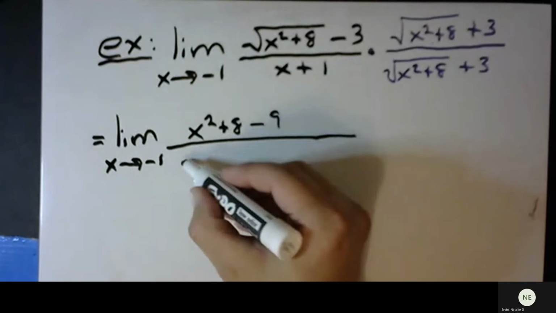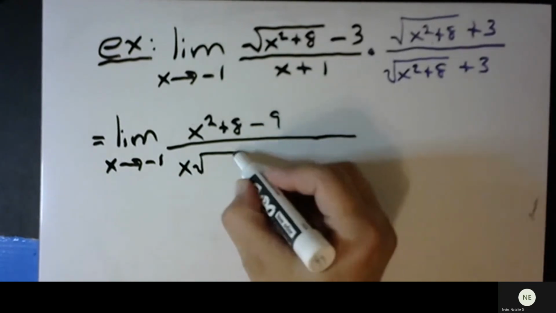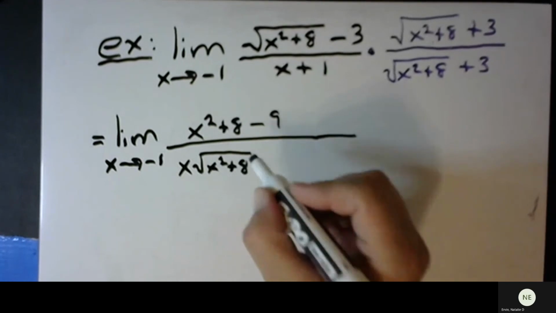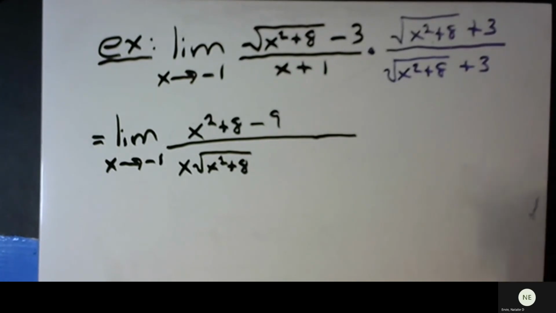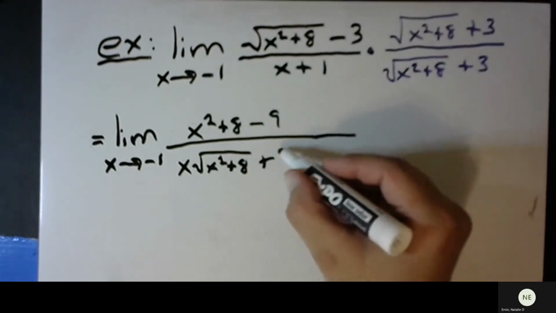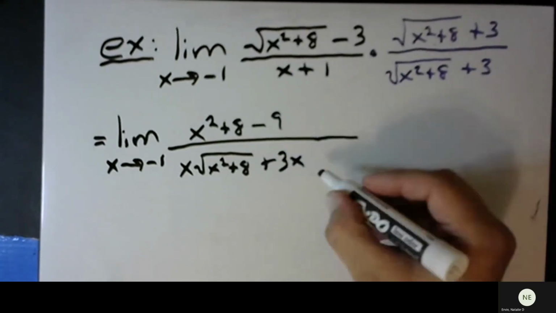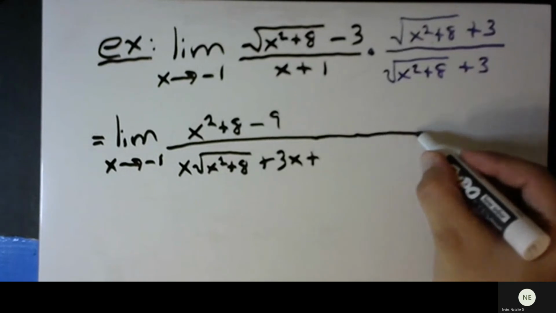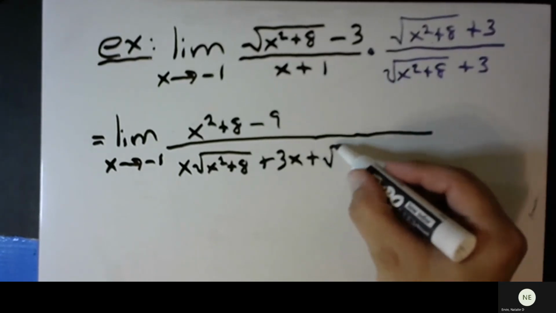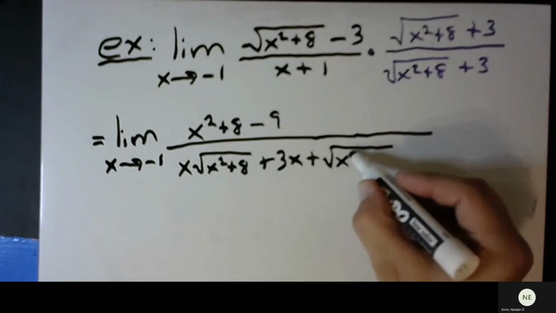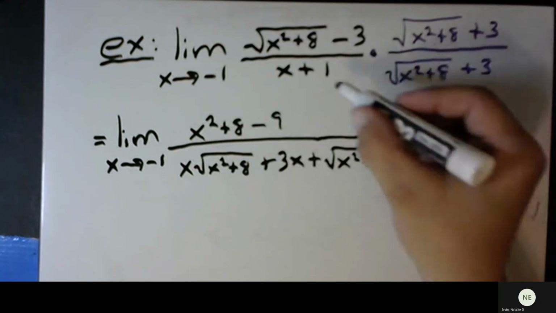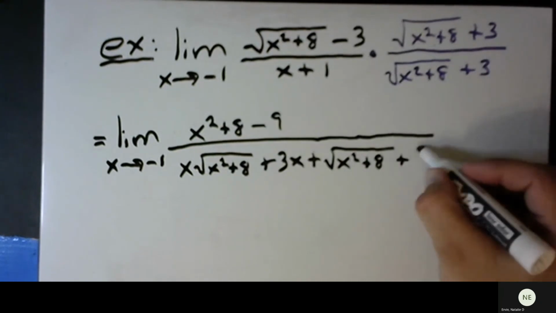X times the square root, and then we'll have x times 3. I'm just foiling these is what I'm doing, though. It's one heck of a foil. Then 1 times the square root, which is just the square root. And then finally, 1 times 3 is plus 3.